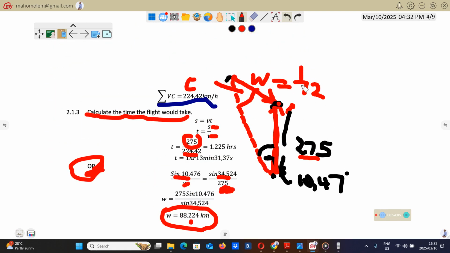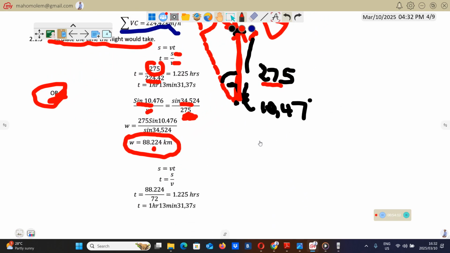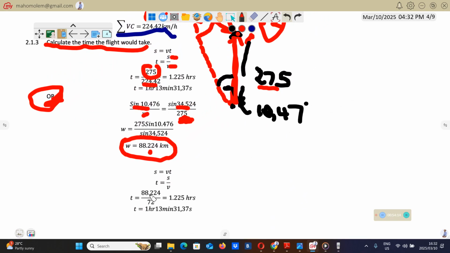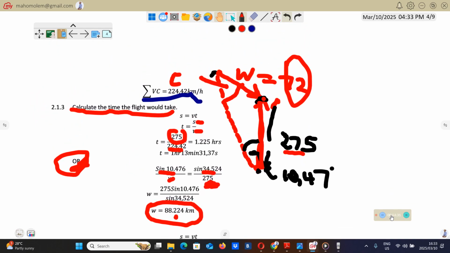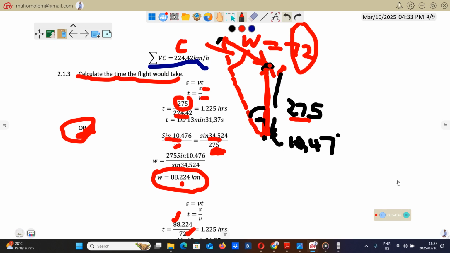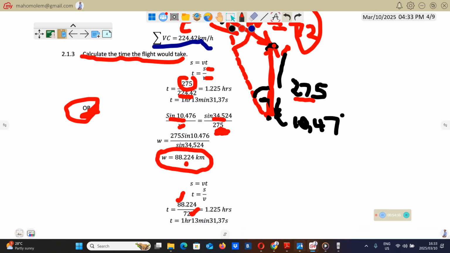So now we got the speed is 72, we got the distance of that component is 88, and if you want to find the time, you will take that distance, 88, divided by this velocity, 72. You will still get the same time. So time is the same.